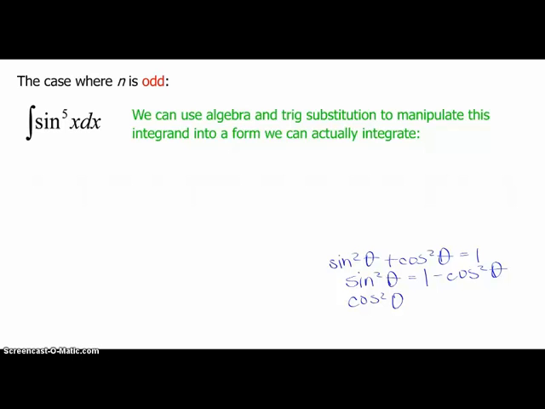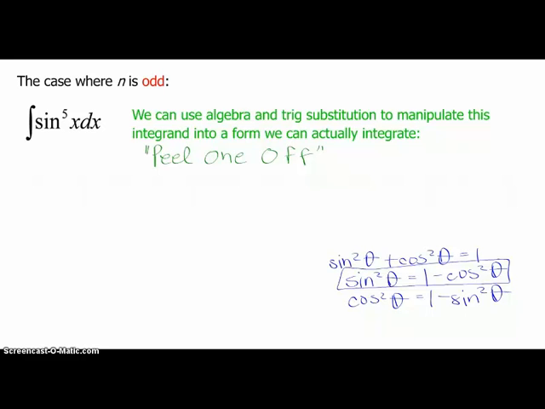We could solve that for cosine squared using algebra to subtract sine squared from both sides. So we're going to use this trig substitution in something that I call, when n is odd, the peel one off technique.